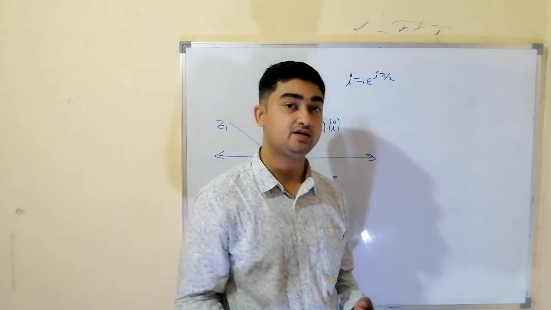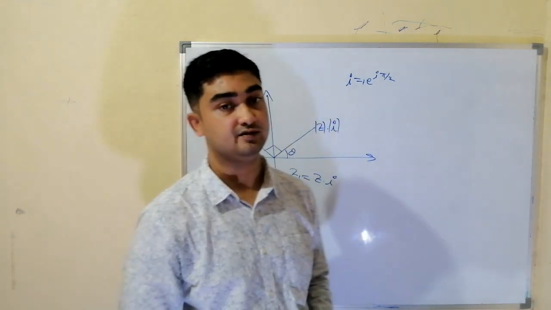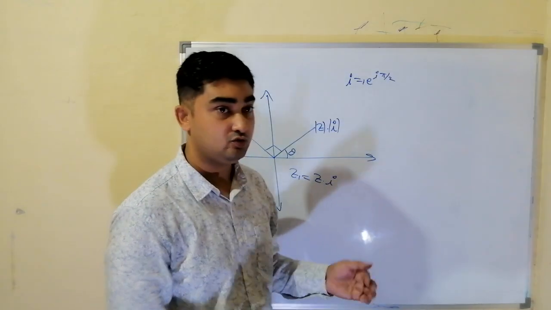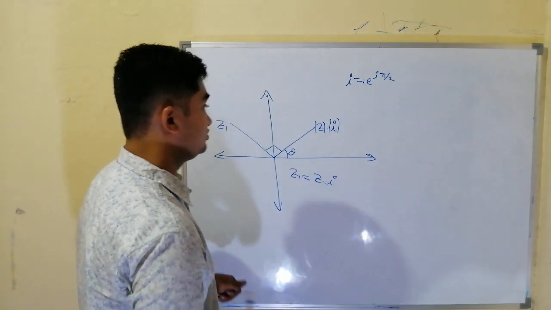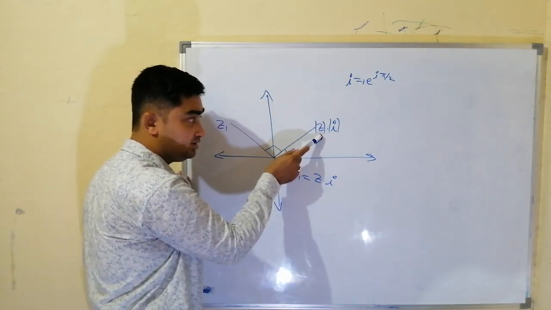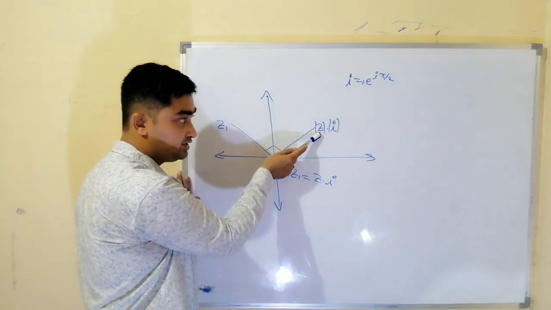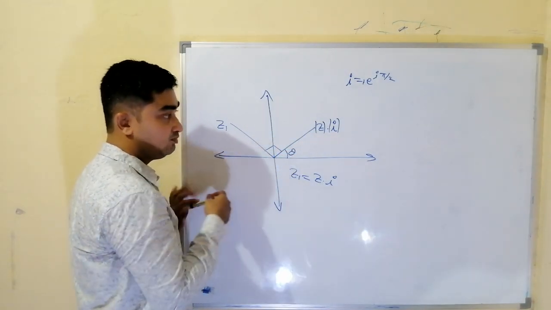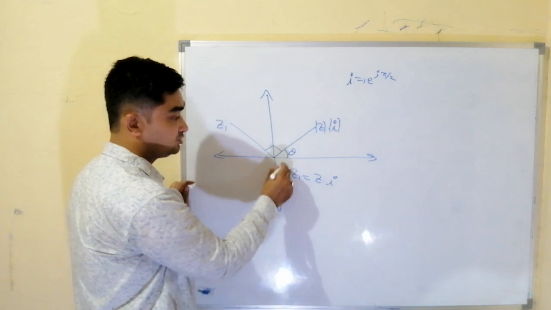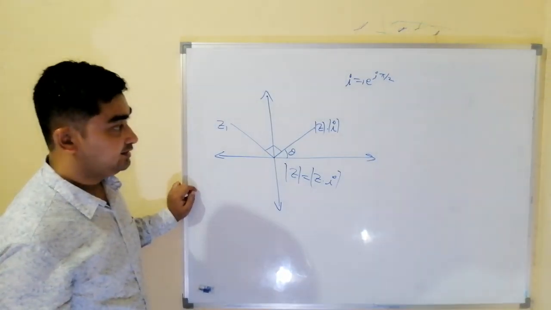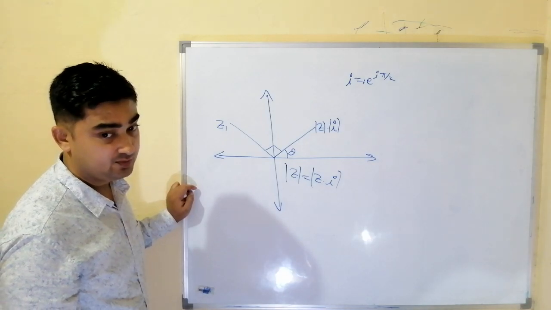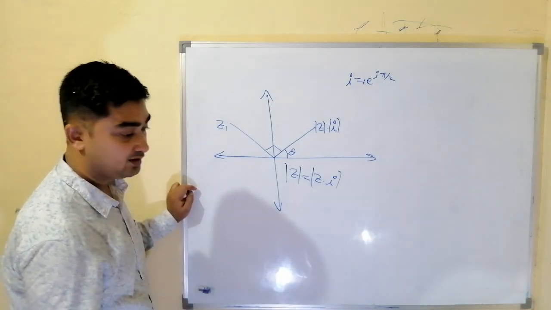We have assumed that rotation in the anti-clockwise direction is positive. So whenever we are adding pi by 2, we have to move anti-clockwise. The new argument will become the argument of this plus pi by 2. The magnitude will remain the same, so mod of this is equal to mod of this. So multiplying any complex number with iota means rotating it about the origin by an angle pi by 2 in the anti-clockwise direction.